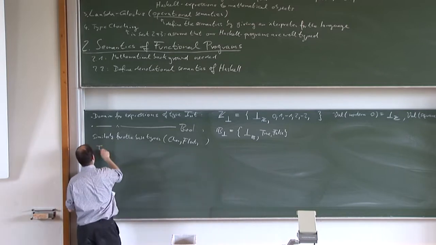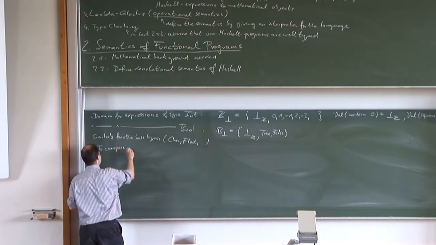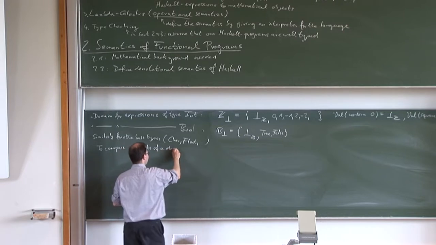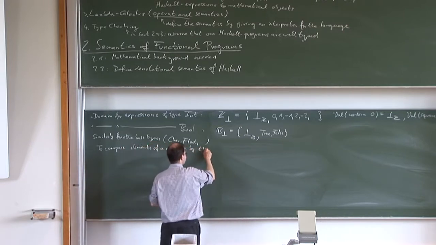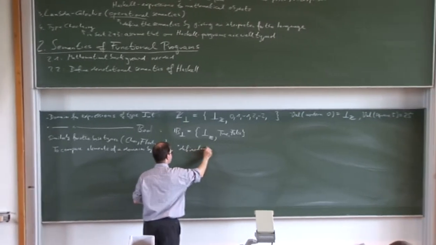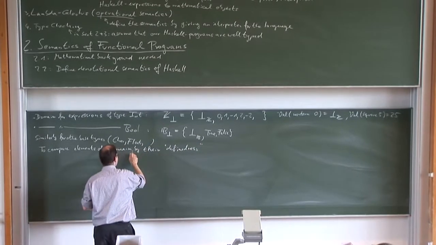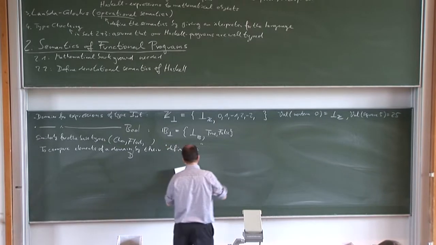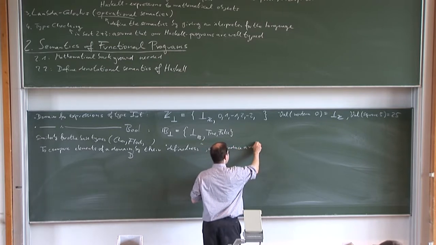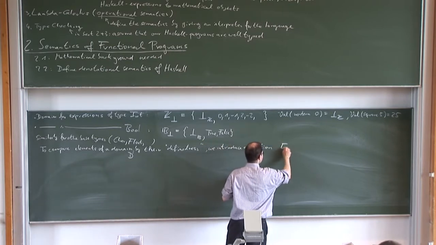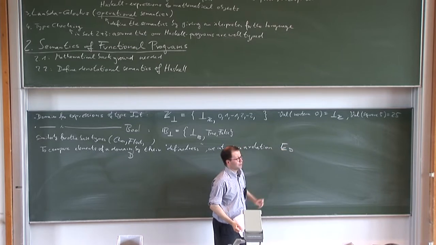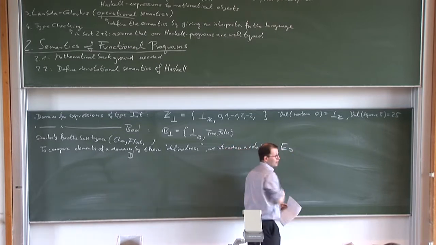So to compare elements of a domain D by their definedness, we introduce a relation which is usually denoted by this less or equal, but as a square. And this means less defined or equal.